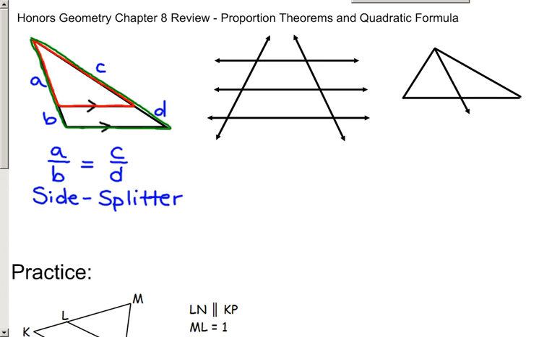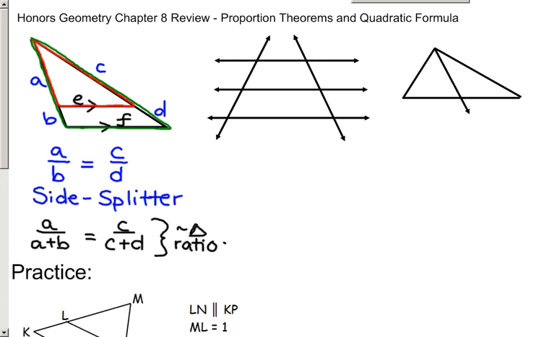But if I wanted to find the lengths of the parallel segments, for example, if I called this segment here E and this segment F, I would need to use the ratio of the triangles, which would be either A over A plus B or C over C plus D. That would come from the similar triangle ratios, not to be confused with the side splitter.